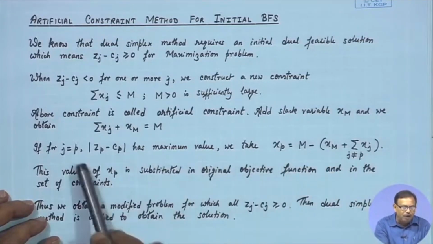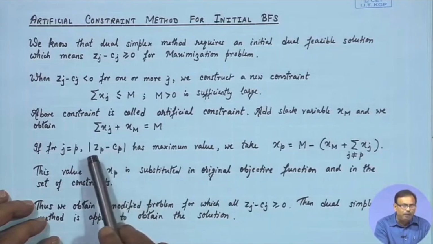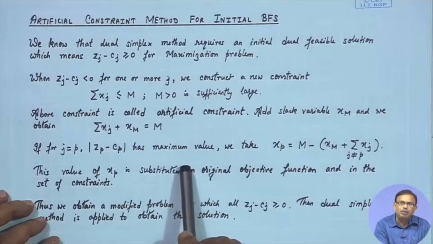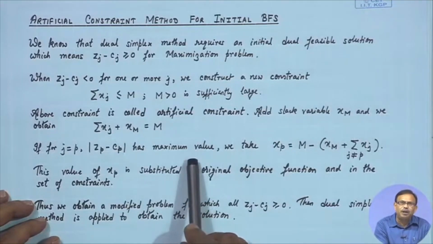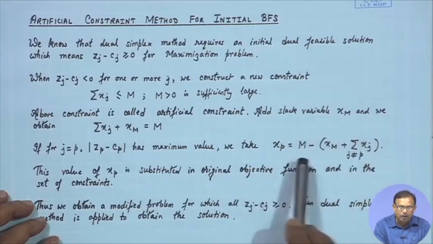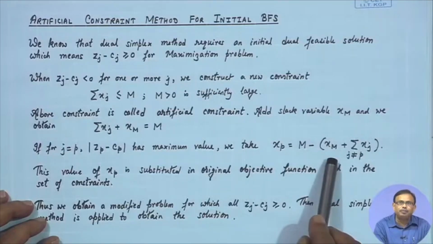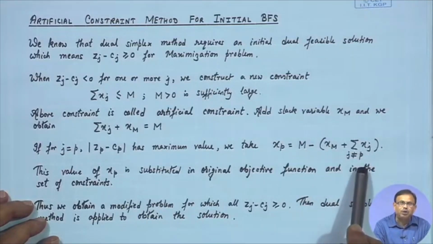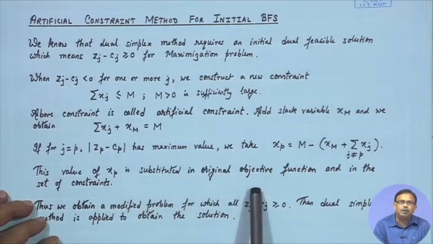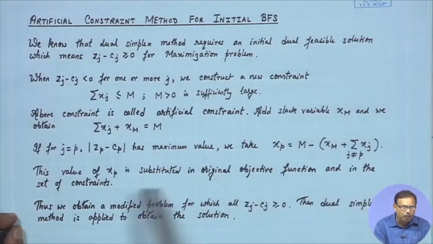That is, from here the value of j for which zj minus cj has maximum value, corresponding to that value of j, the variable xj which we are denoting here by xp, we will replace that particular variable by this quantity capital M minus xm plus summation over j not equal to p xj. So, the value of xp will be substituted in the original objective function as well as in the constraints.